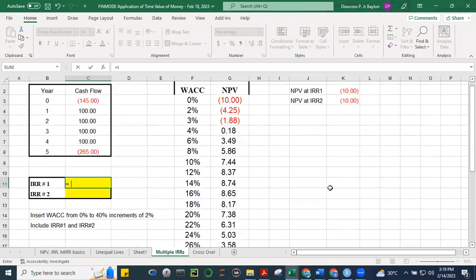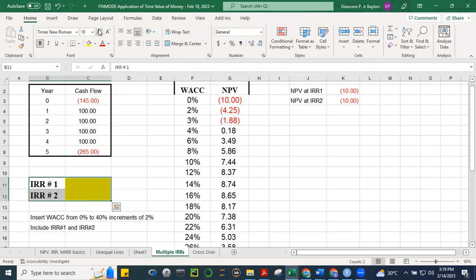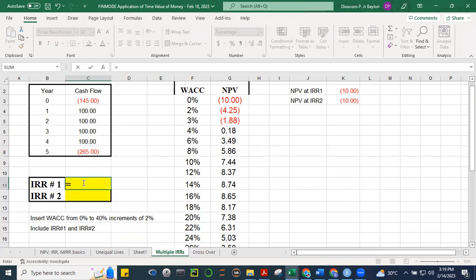So let's run this IRR. You just increase the size so that you can see. So this is equal to IRR. You can include the initial value, and then take note, there's a guess here. You can have an initial value guess, let's say 4%, because based on this, the IRR is between 3% and 4%.